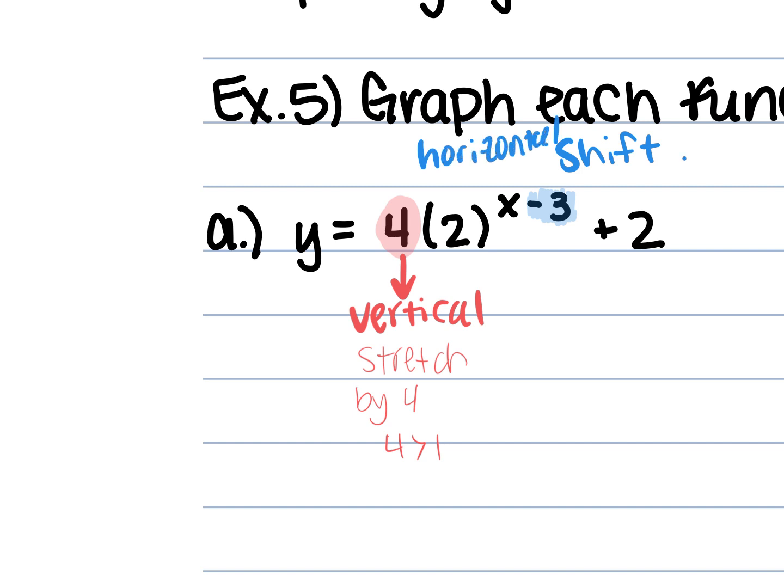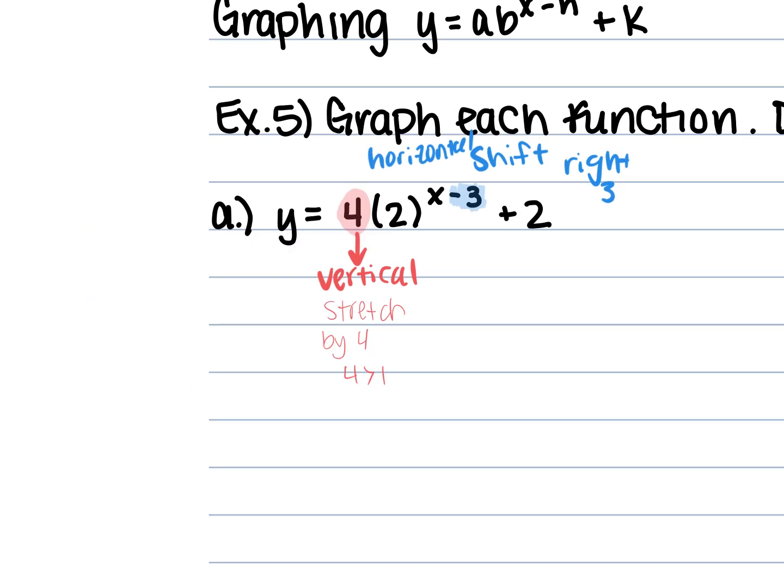And it's to the right 3. Why is it to the right 3? Because it's minus 3, but doesn't minus 3 usually move us to the left? It's an opposite world. There's not going to be parentheses around it, but are you allowed to draw your own parentheses around the exponent? Yes, sure thing, you can totally put parentheses around that.